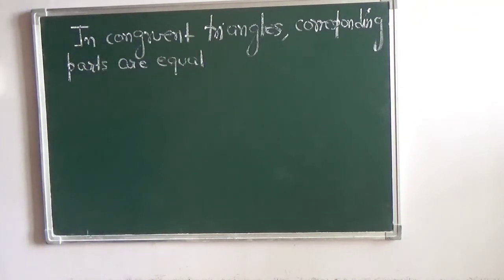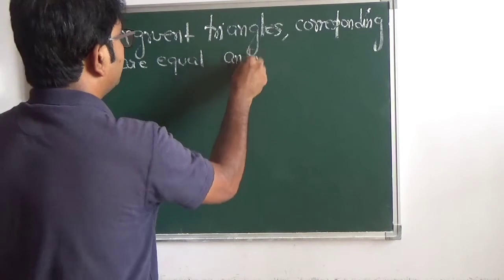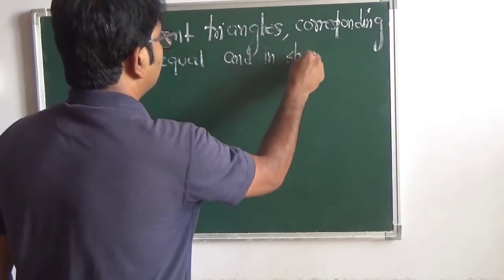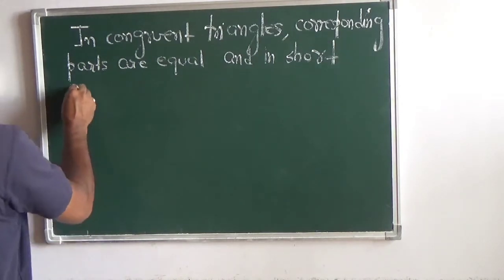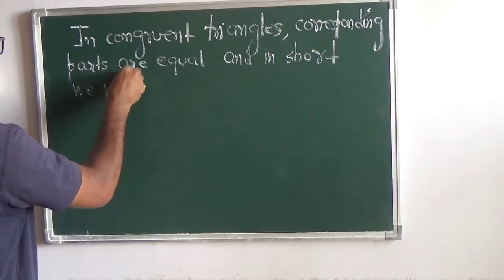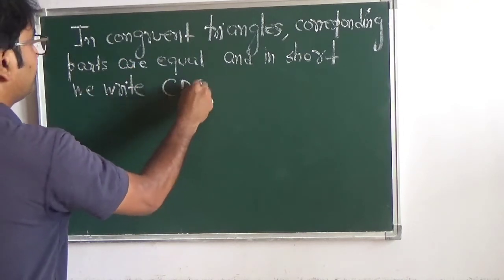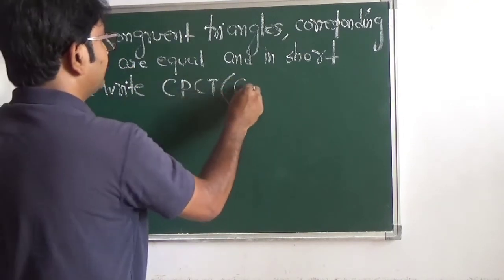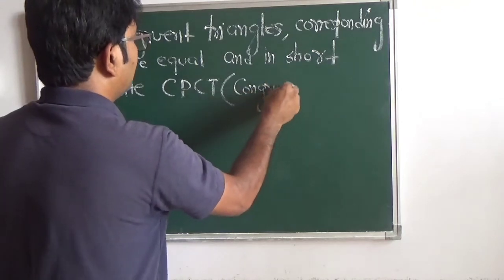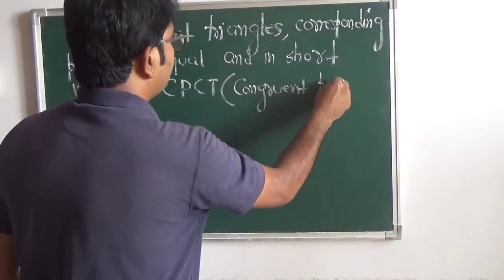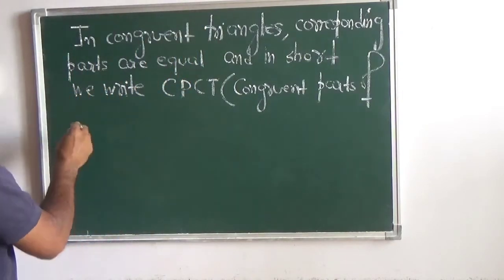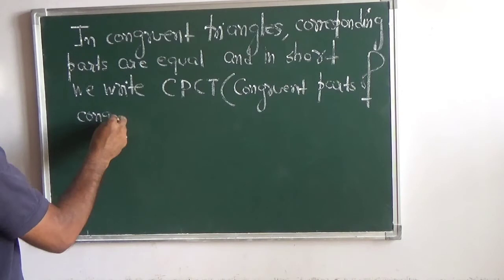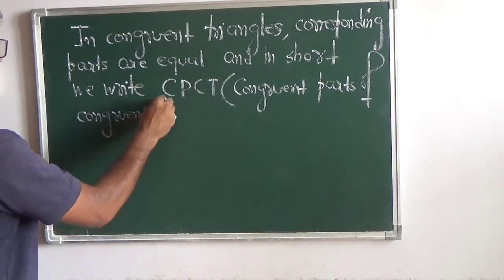Corresponding parts are equal, and in short, we write CPCT, which means congruent parts of congruent triangles.